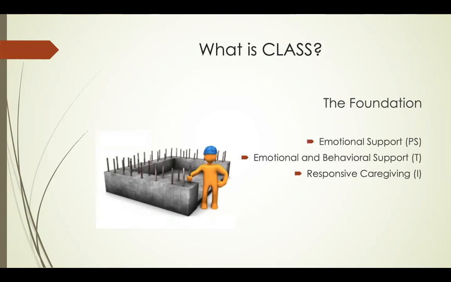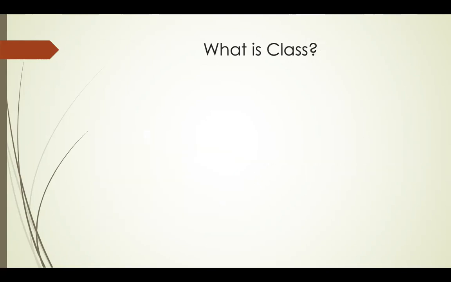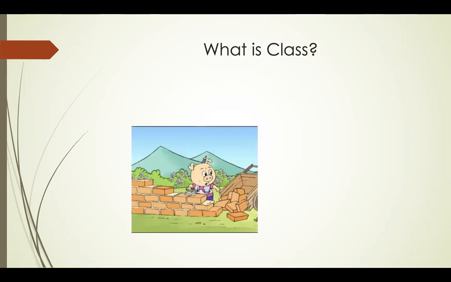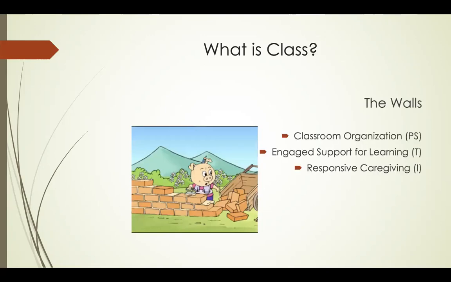You need to build those interactions. You need to build those relationships in order to do anything else. And once you have that foundation, what do you need after that? When you're building your structure, you need the walls. The walls you can think about as the classroom organization.